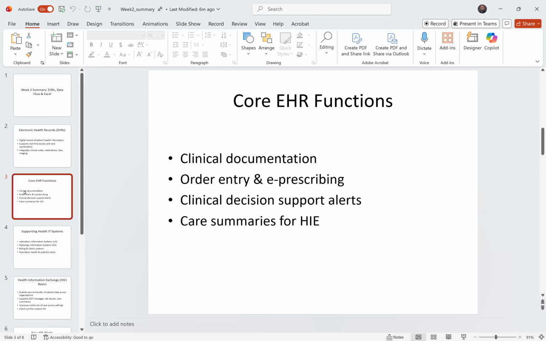Order entry is where providers, doctors, nurse practitioners, or whoever else can order certain things, a test, an exam, a procedure. So you need a medical order to enact certain things. That includes an order to admit someone to the hospital.